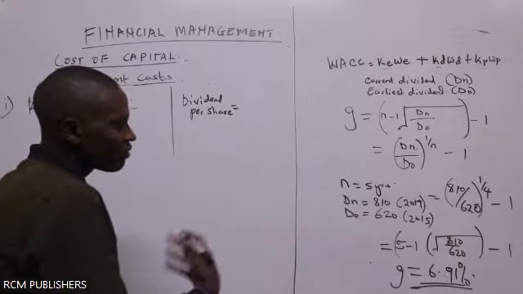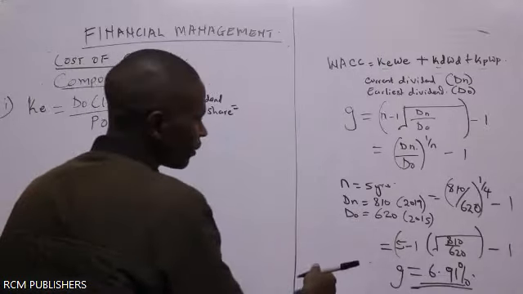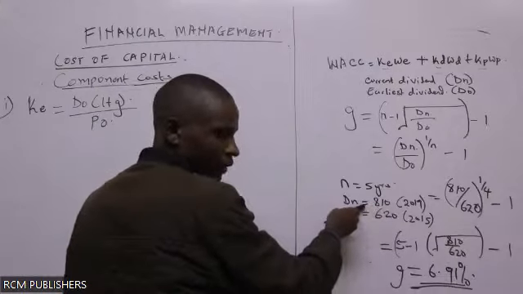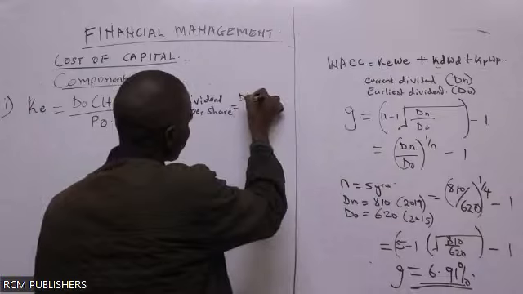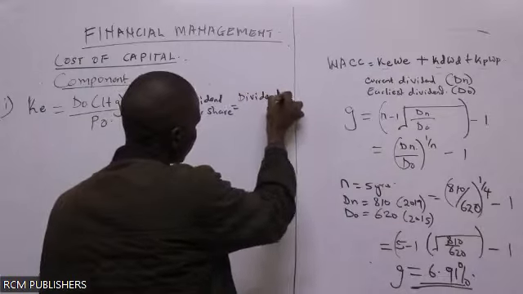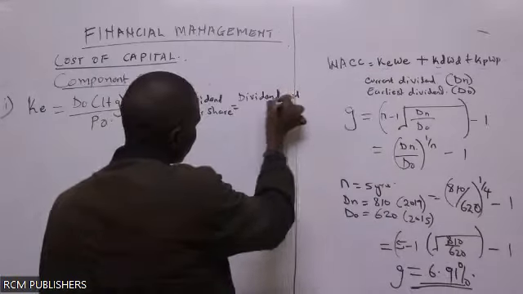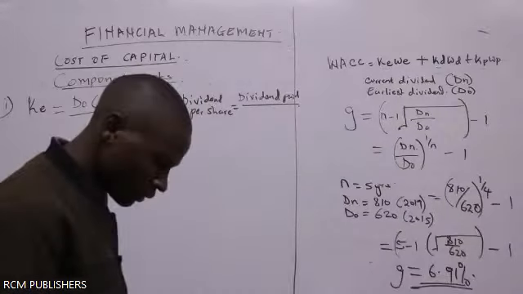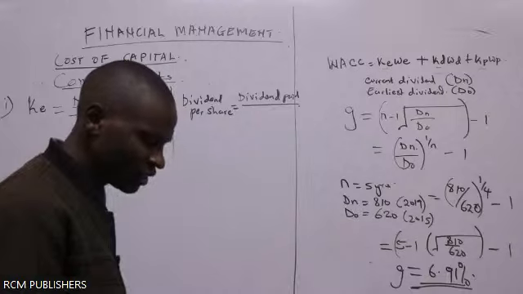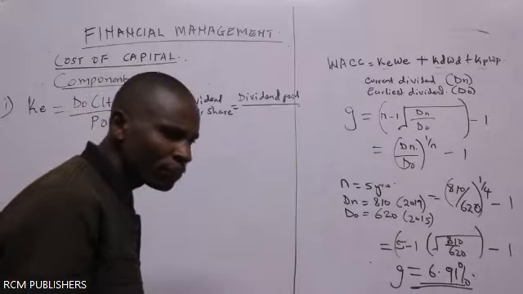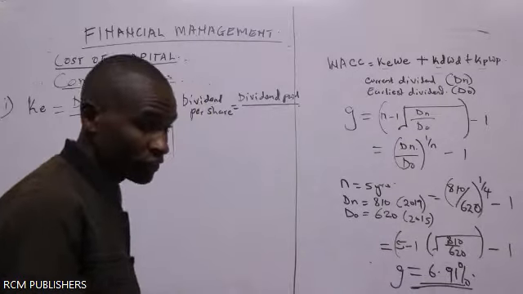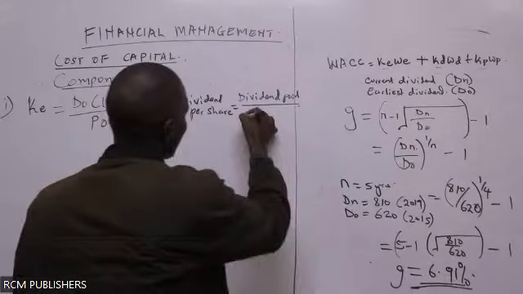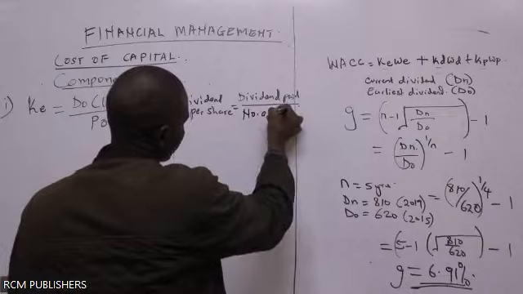I know that I have the dividend that was paid. First of all, I have to take the dividend paid in 2019, divided by what I'm given as the ordinary share capital, the 3 million, the number of shares.